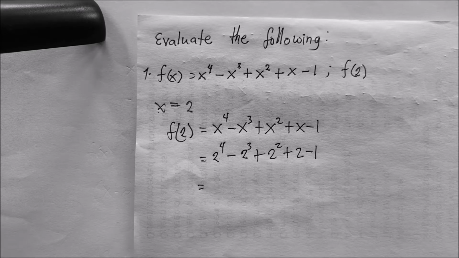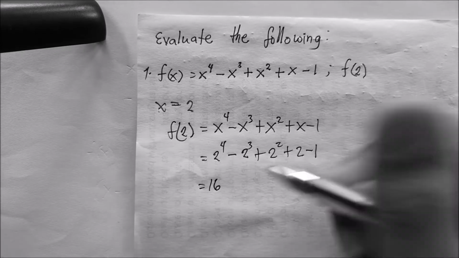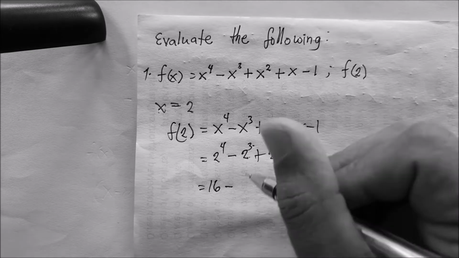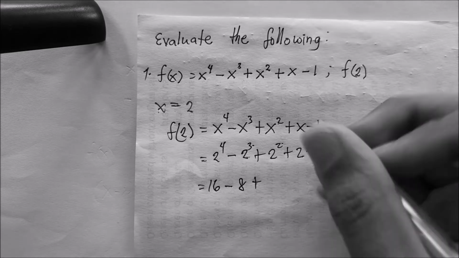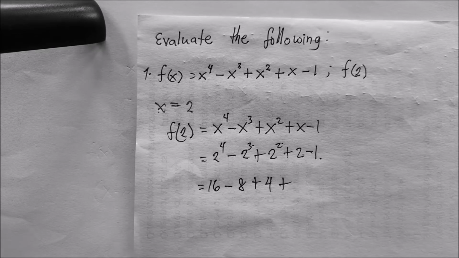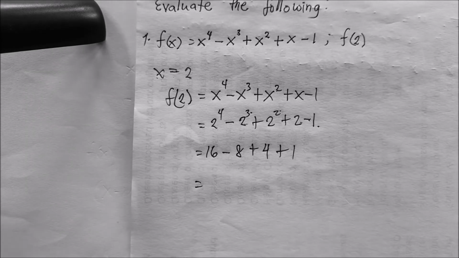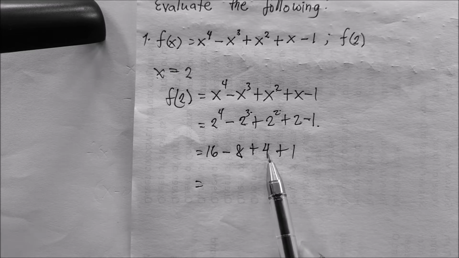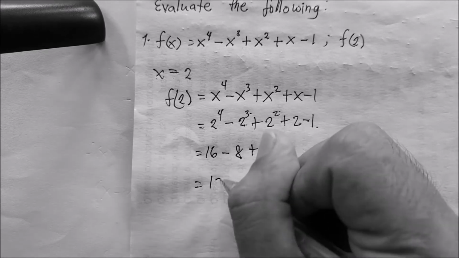Two raised to 4 is equal to 16, minus 2 raised to 3, which is 8, plus 2 raised to 2, which is 4, plus 2 minus 1, which is 1. So 16 minus 8 plus 4 plus 1 equals 13.